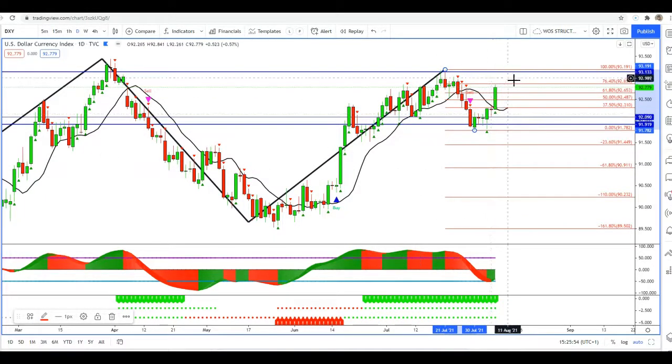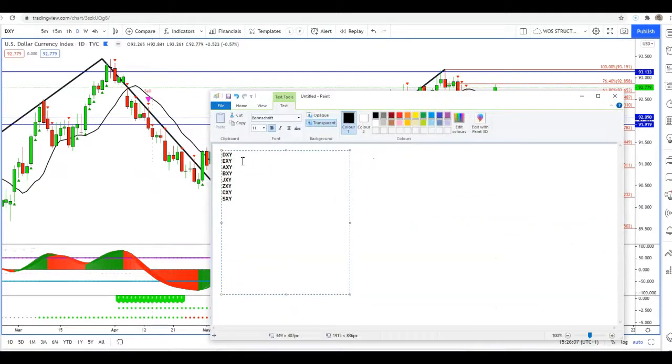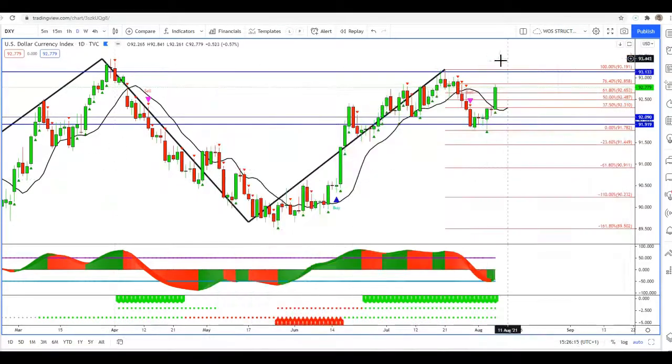That is just an opportunity to sell as long as price remains below 93.19. Okay, so that's the dollar index. The dollar is weak, and we're going to rank this as negative. DXY, I'll give it 3 negative actually. So that is the dollar index.